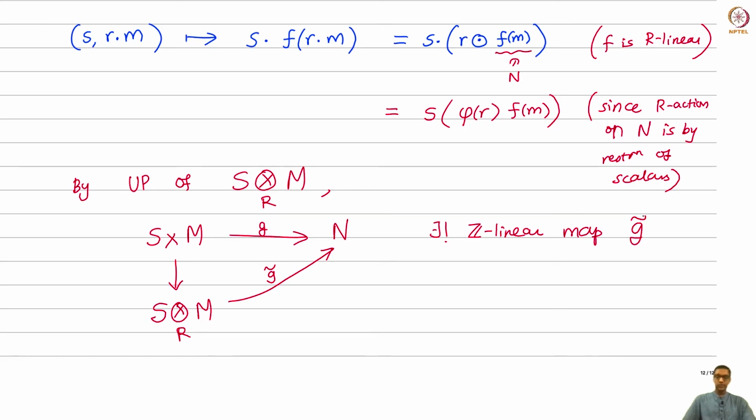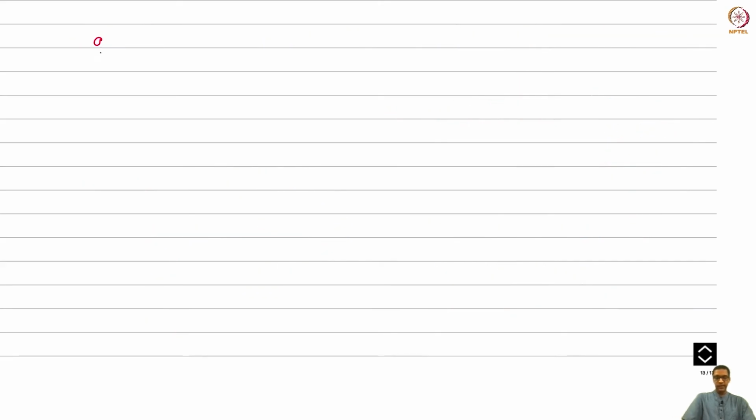That was the original universal property, such that G tilde composed with alpha is G. I.e., what does that mean? G tilde acting on an element of the form S tensor M will just give you G of that, so it's G of (S, M), which is S acting on F of M. In particular, it means that G tilde acting on 1 tensor M is just 1 acting on F of M, which is F of M itself.